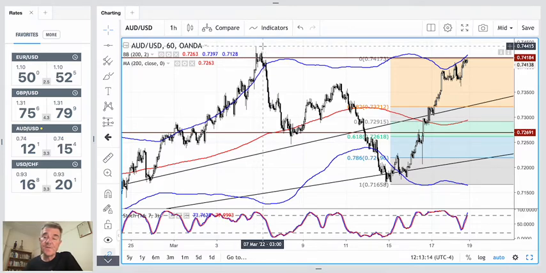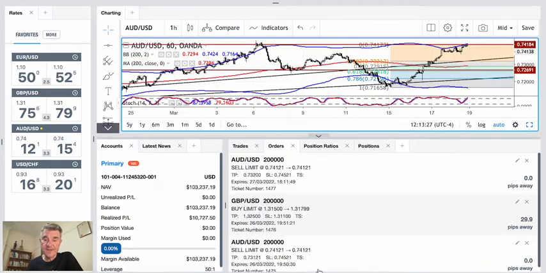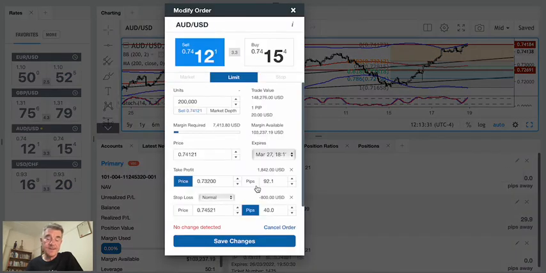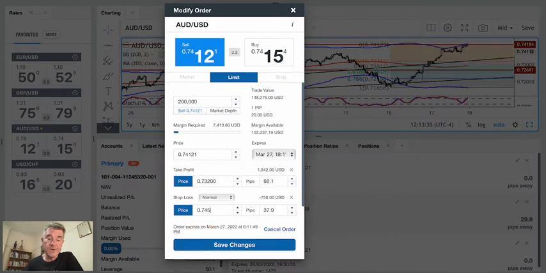That's at 74.40. I think I could go with 74.55 actually. 74.50 is up here. Let's go for 74.55 just to give it a little bit more space. So let's just change this to 74.55. And that's 42 pips, 43 pips.